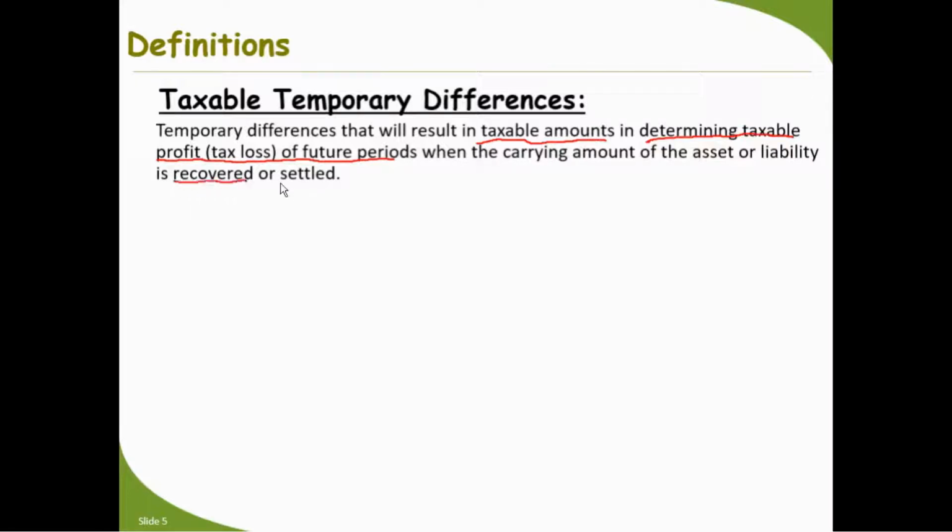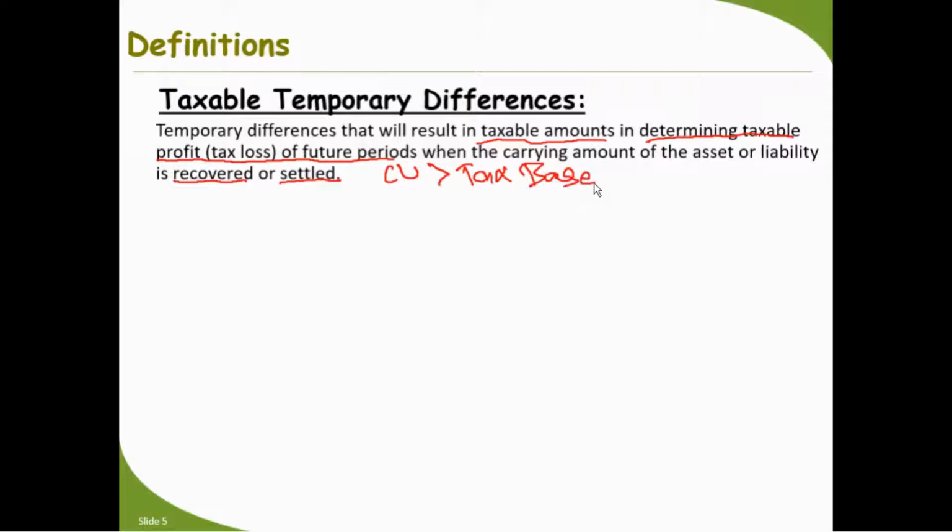I will talk about it later on, but just giving you the hint. When your carrying value in the accounting records is greater than your tax base, there is a taxable temporary difference, which will lead to a deferred tax liability.